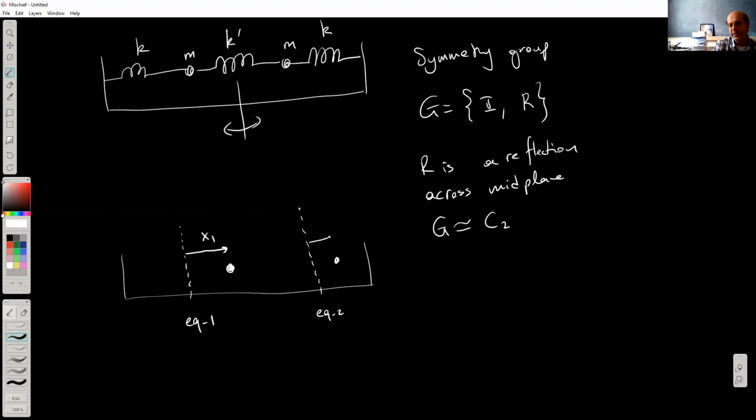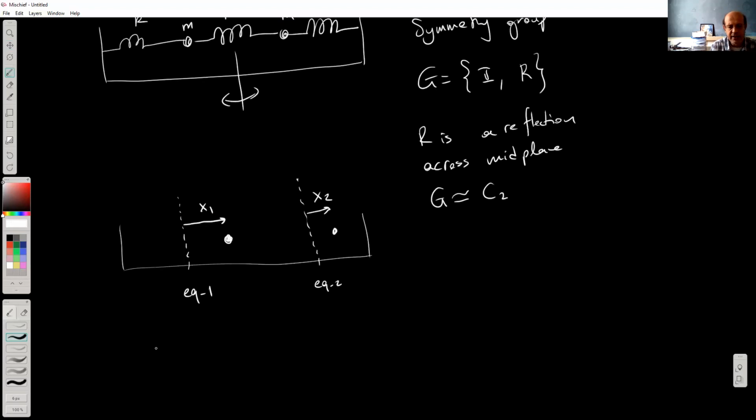So they don't have to be equal to each other. So as a result, what we say is that x1, x2 are the positions, okay?